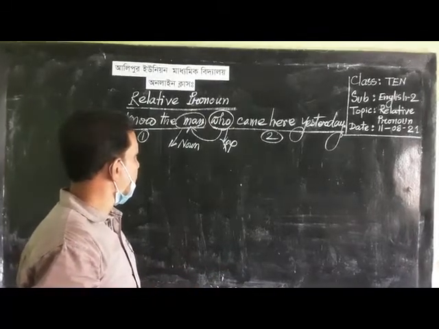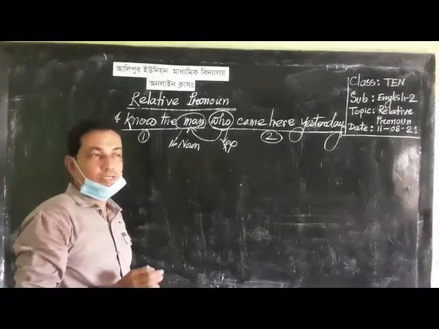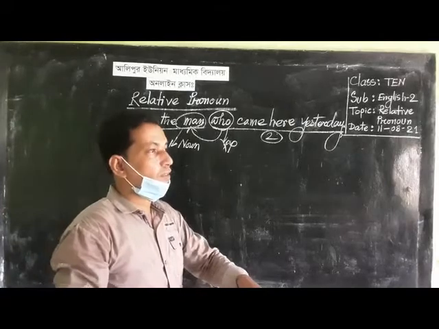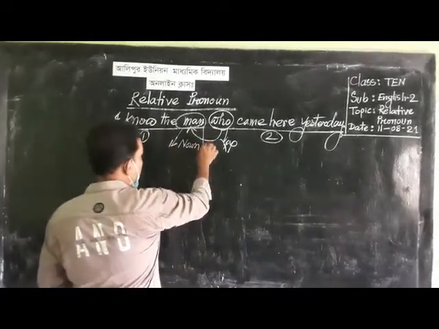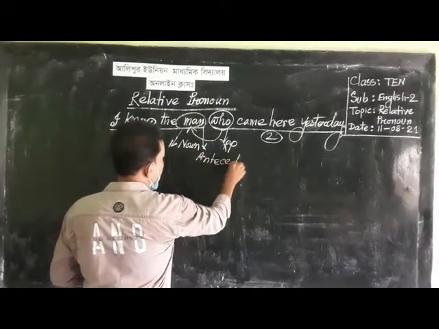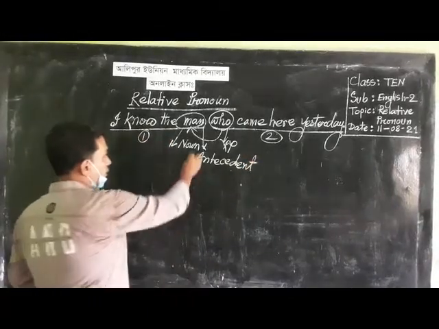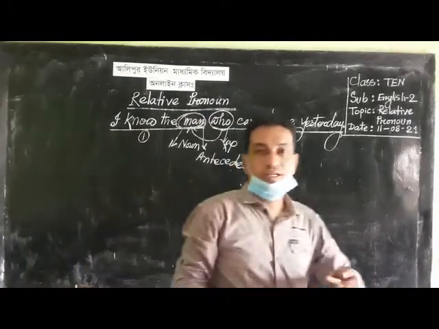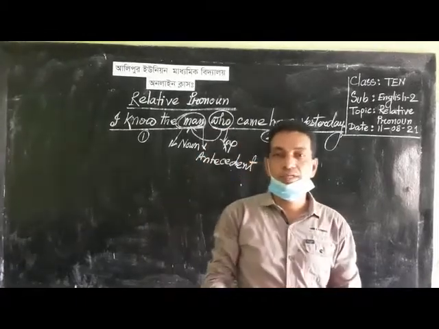You must remember that relative pronoun indicates a noun, and this noun is also called antecedent. The man is the antecedent. Relative pronoun must have an antecedent, and if there is no antecedent, it is not a relative pronoun.